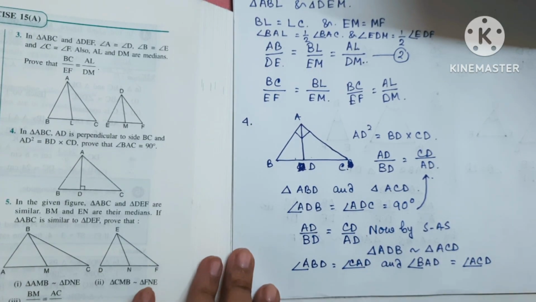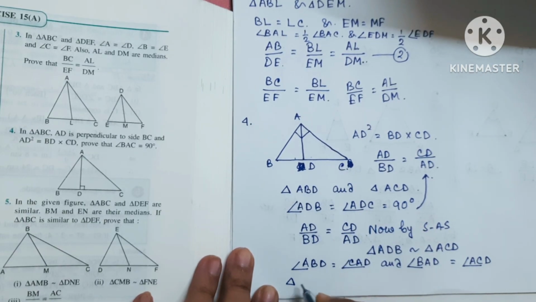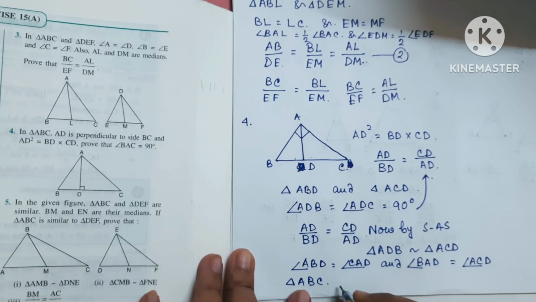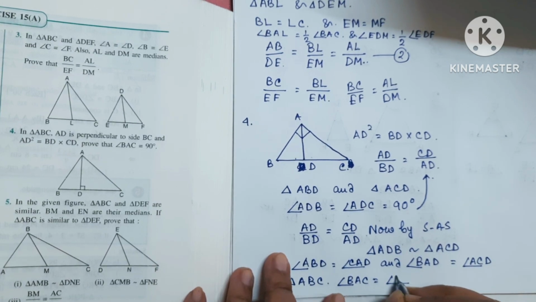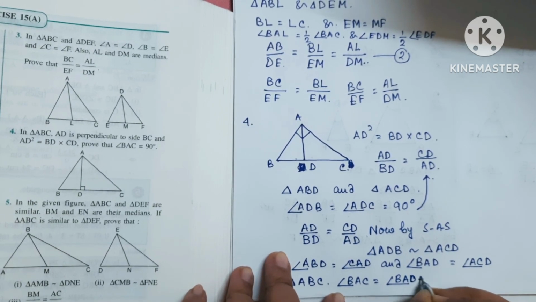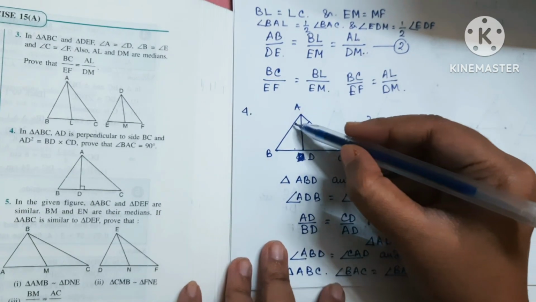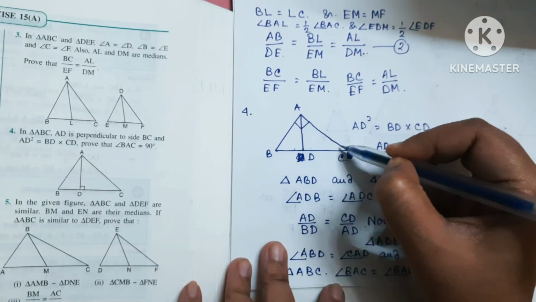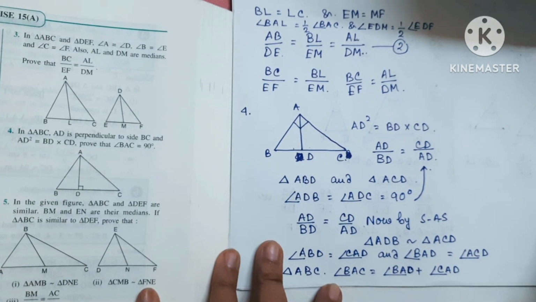Okay. Now see one thing. If you consider the bigger triangle, that is triangle ABC, angle BAC is equal to angle BAD plus angle CAD, right? That you can say this angle BAC is equal to this angle plus this angle, right?